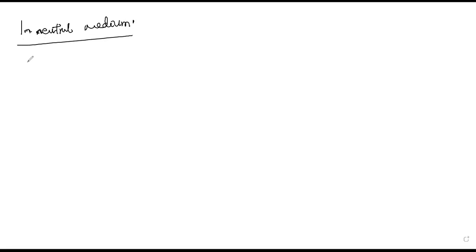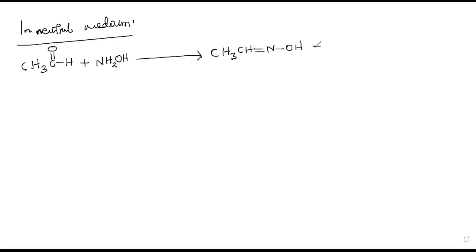In neutral medium, we shall have ethanal plus NH2OH. It is still the same product, only that the reaction is slow: CH3CH=NOH plus water. If you're not sure of the product, first write the mechanism.